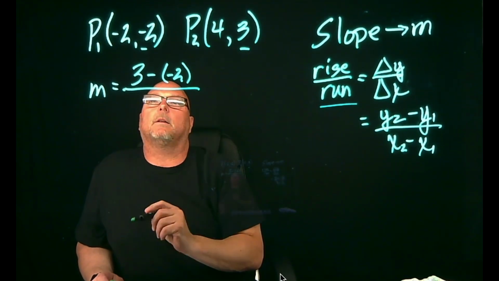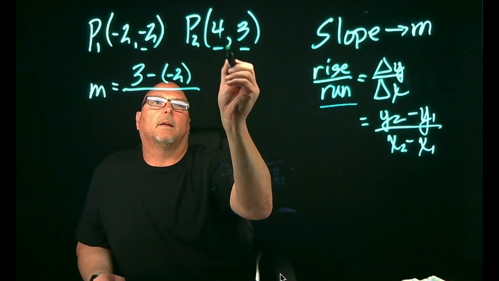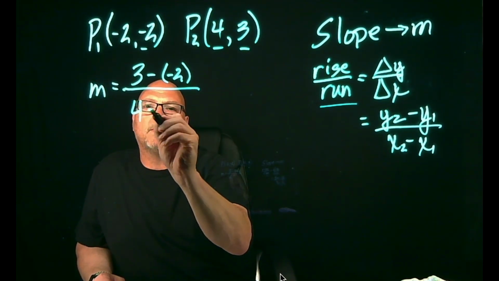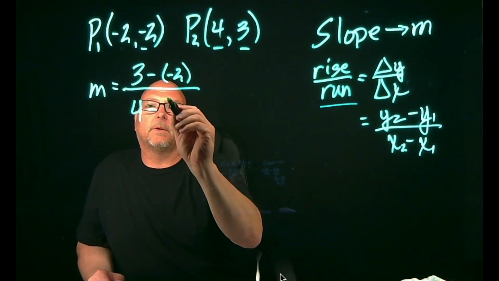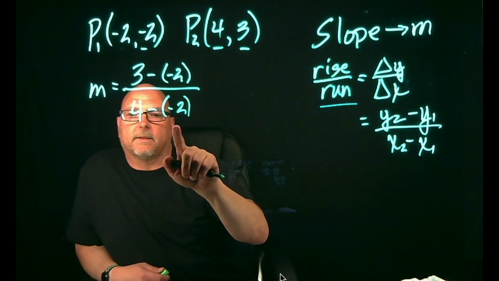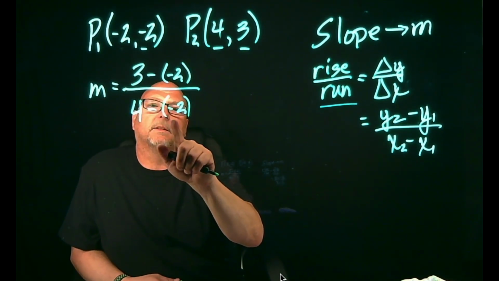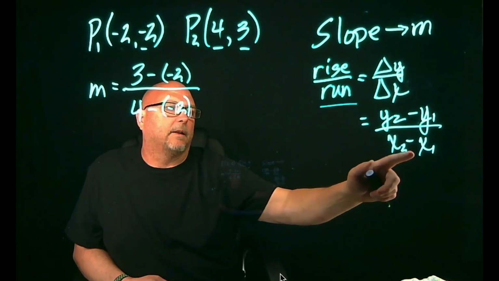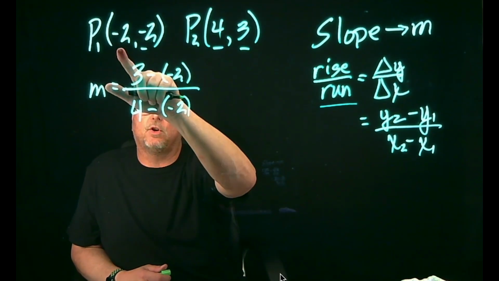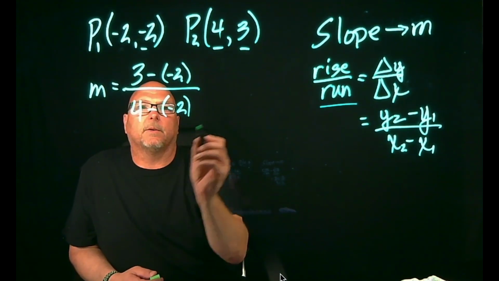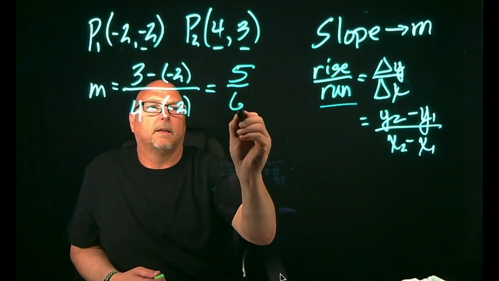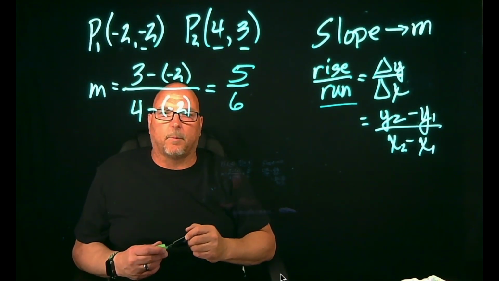And that would be all over x sub 2, which is 4, minus x sub 1, which is -2. And again, notice I put parentheses here because it's different than the formula's minus sign. So it's minus a -2 from up here. So we would just go about simplifying this and reduce it if possible.